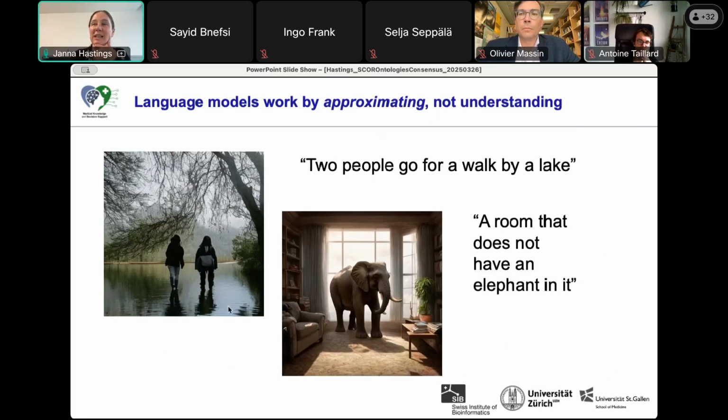These are generated images, and here's the prompt: two people go for a walk by a lake, and here they are having a nice walking-on-the-water effect. And this one is just the best: a room that does not have an elephant in it. And you see here, it does this every time. I love it. It draws such a beautiful elephant because it can't process the "not" in the right way.